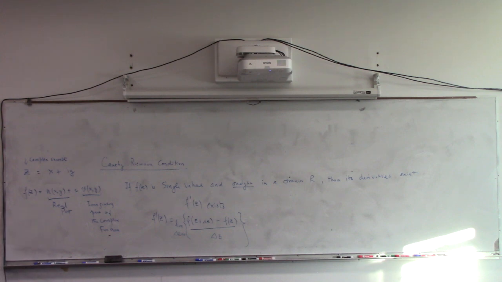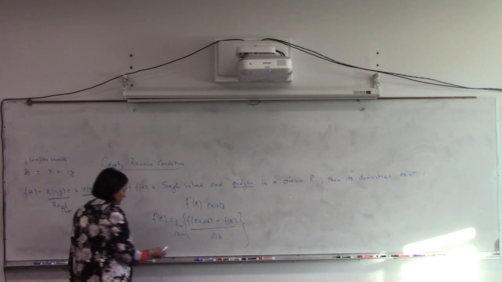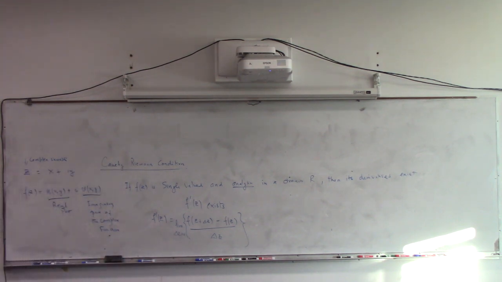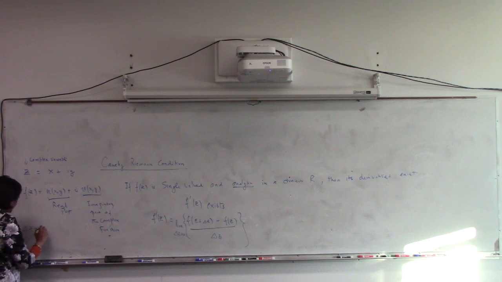Although z is a complex variable, I'm just doing it that way. Now, what's the difference here? What is delta z? It's complex, so delta z is delta x plus i delta y. I can write it like that.